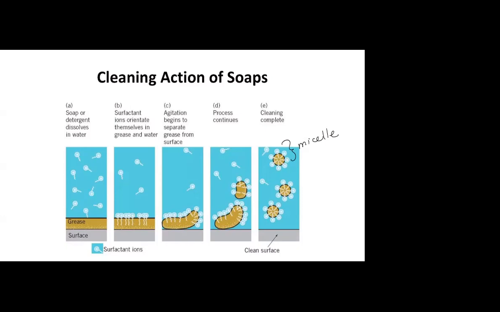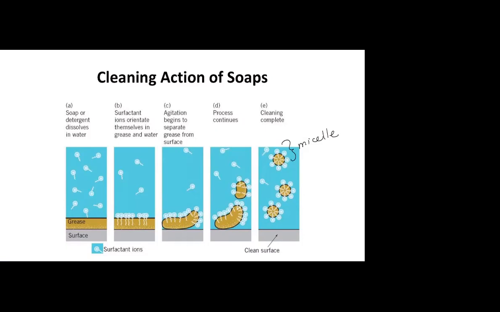As you can see here, when we are cleaning something, the tail, because it's non-polar, and grease is also non-polar, are going to be interacting with each other. Then after the molecules orient themselves with the correct interactions with water and the grease, through agitation, more molecules interact with that grease.